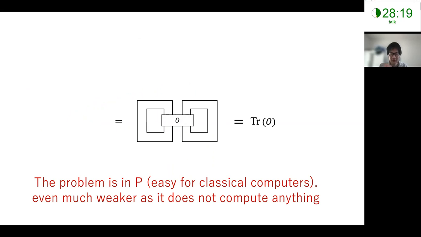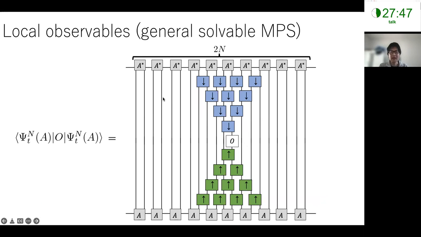So it means that local expectation value or measurement outcome does not depend on specific choice of dual unitary gate. It means that this quantum computer cannot compute anything. So the problem is in P, that is, easy for classical computer, and even much weaker because it does not compute anything. And we can easily extend the result to a general solvable initial state, written like this form.